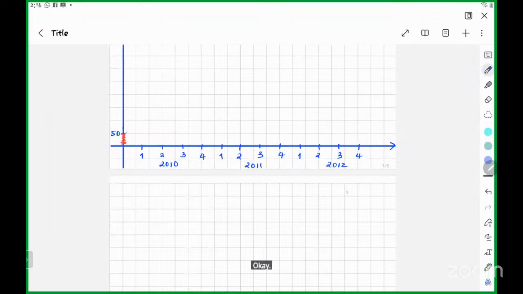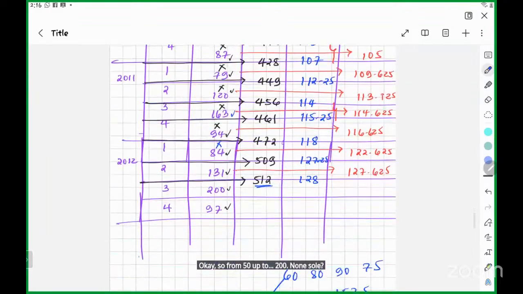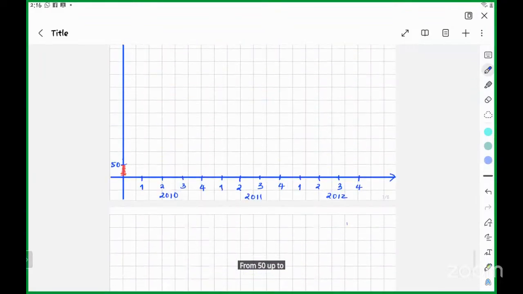Okay, so from 50 up to 200, how many units are there? It's about 150, okay? So you may decide to use 15 centimeters, where for every 1 centimeter you have 10 units.